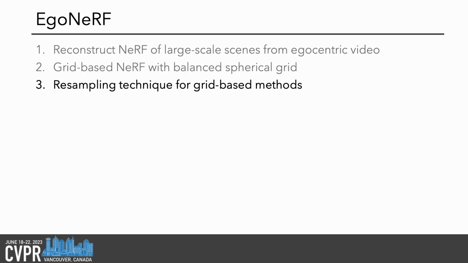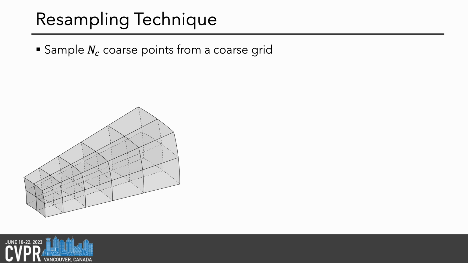Now let's look at how EgoNeRF makes camera ray samples with resampling method. Since the occupied region in the 3D space is sparse, it is very inefficient to take ray samples uniformly. Therefore, the original NeRF proposes a hierarchical sampling strategy.